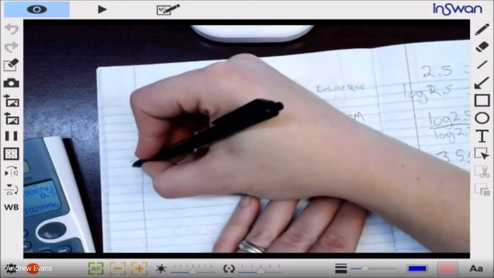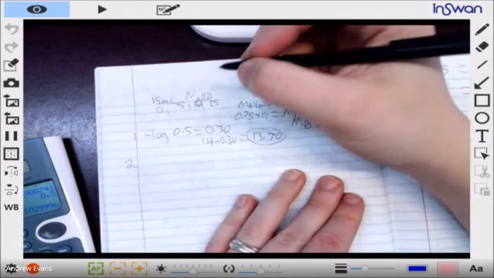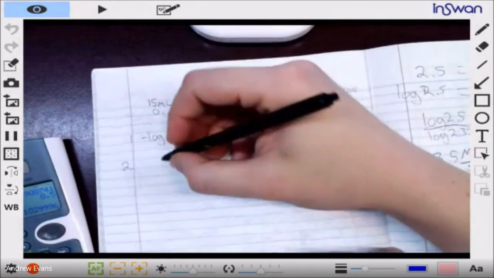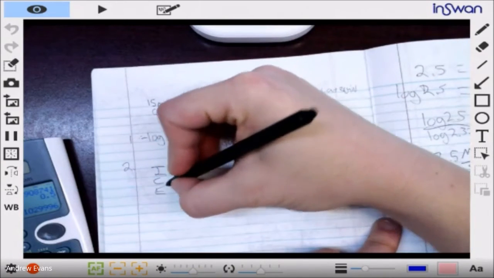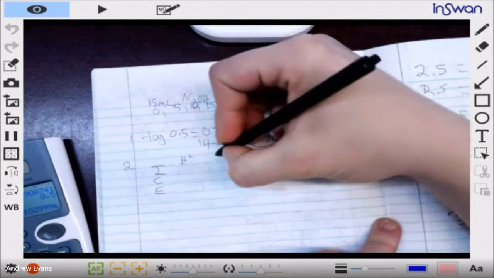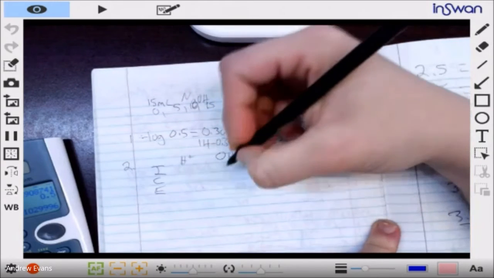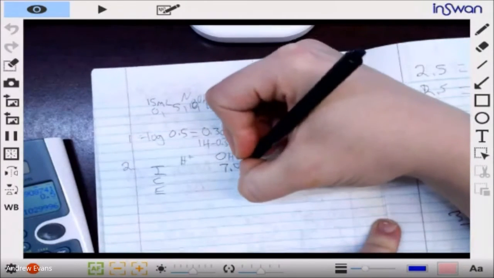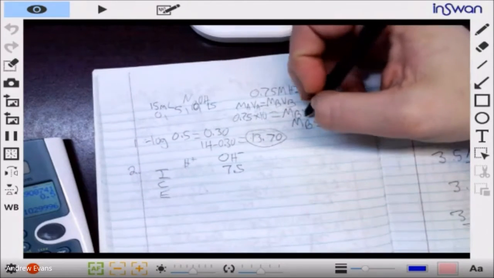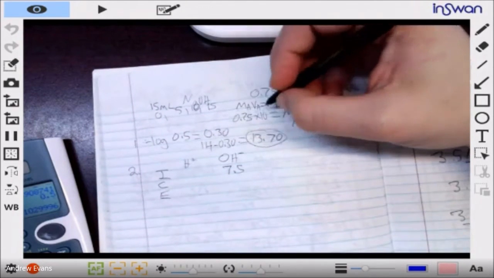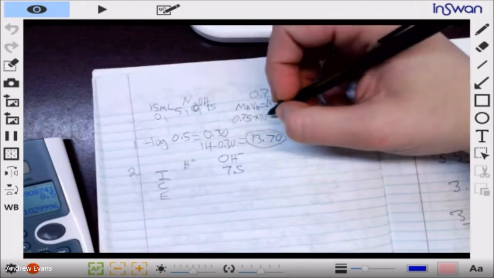Our second point, we're going to do our ICE table, ICE. It doesn't really matter which one you put first, which one you put second. The amount of base we have is going to be 7.5. That's not going to change, but the amount of acid will.